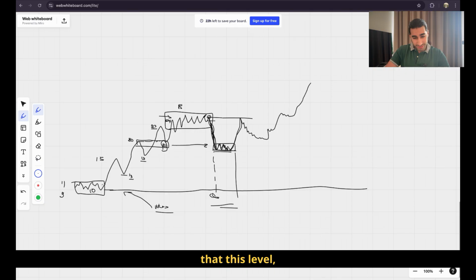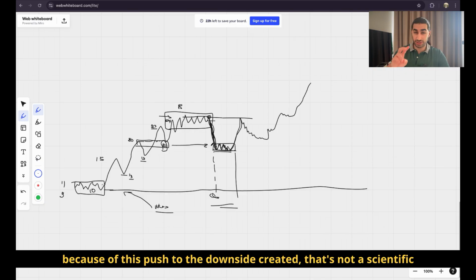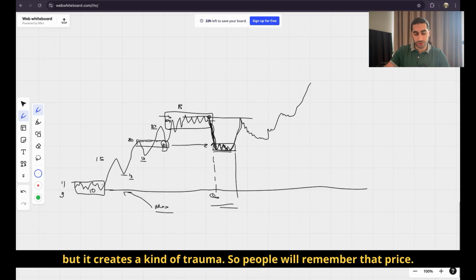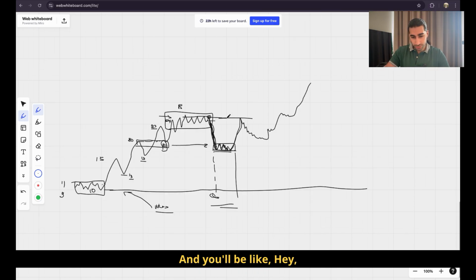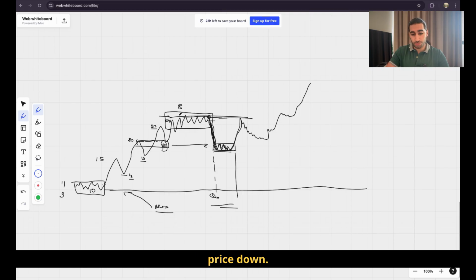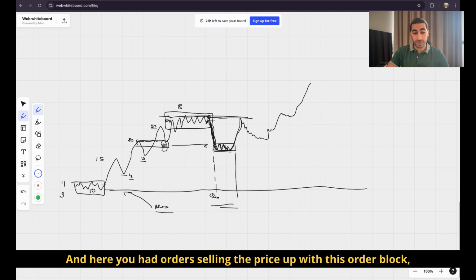You want to understand that this level, because of this push to the downside, created, and that's not a scientific term, by the way, a kind of trauma. So people will remember that price, and you'll be like, hey, at that price all the time you had orders selling the price down, and here you had orders selling the price up.